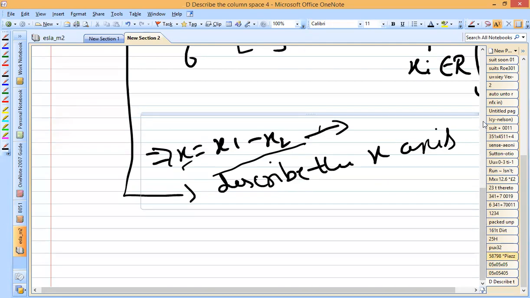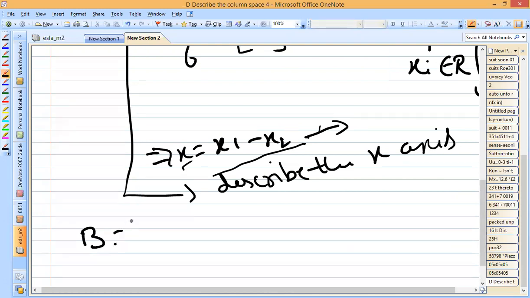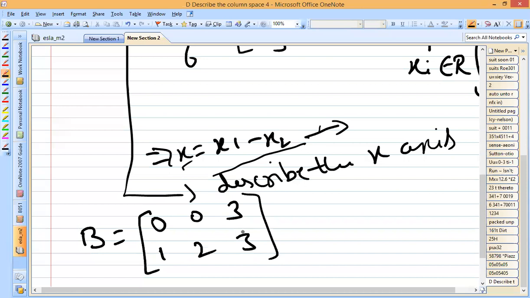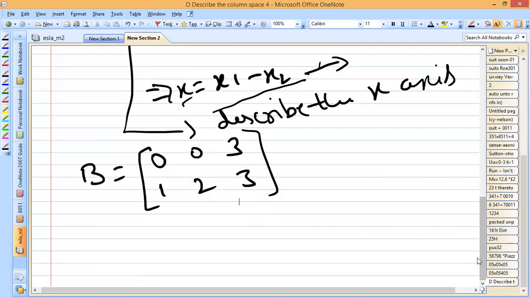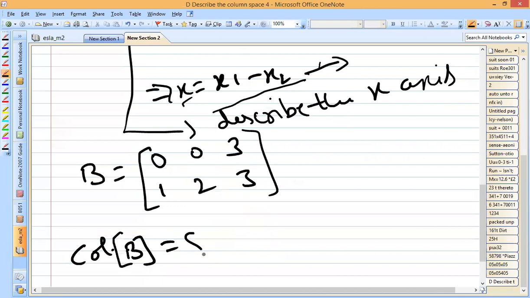And then take up the second matrix B. I'll just write down matrix B once again here. We are given matrix B as 0 0 3 1 2 3. This is the matrix B given. For this we need to define the column space. You can write the column space of the matrix B as, first, span it.